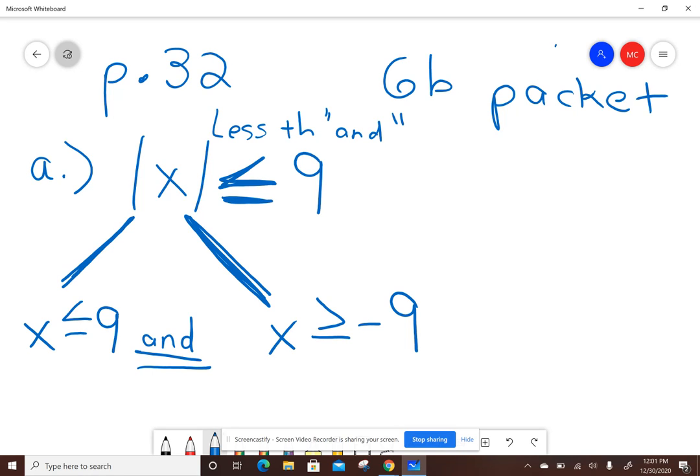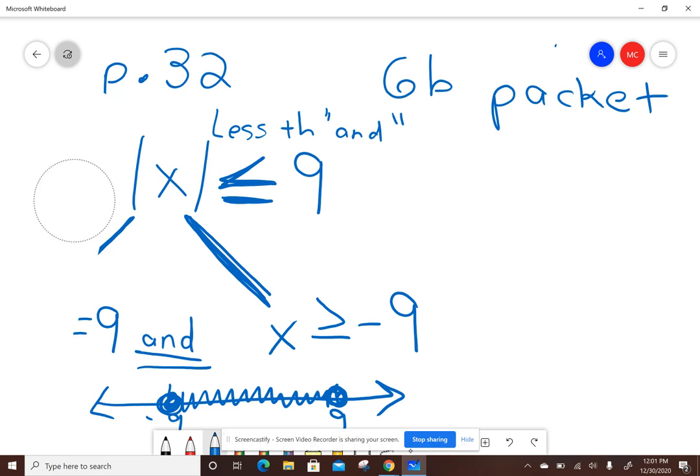And the reason is, if you think about numbers whose absolute value is less than or equal to 9, they would be greater than or equal to -9, but less than or equal to +9. So it's everything in between. So a less than inequality is always going to look like an and inequality. Now let's look at B.